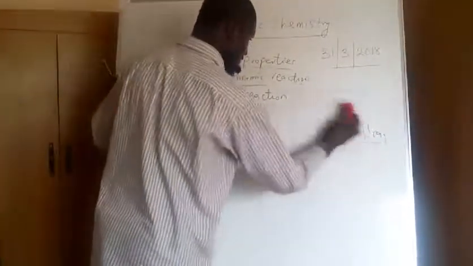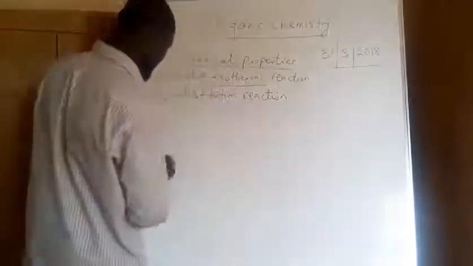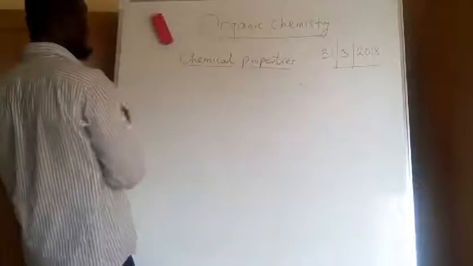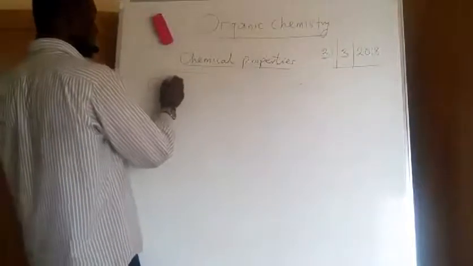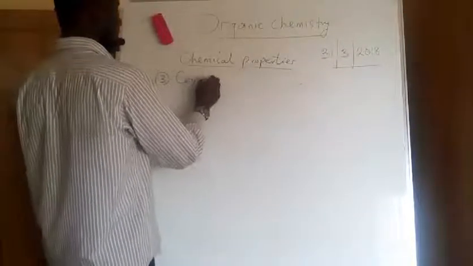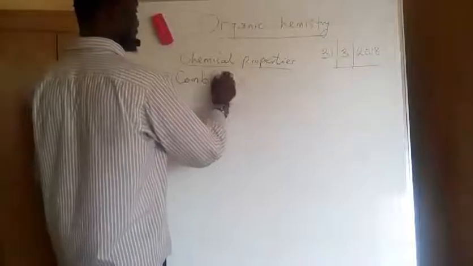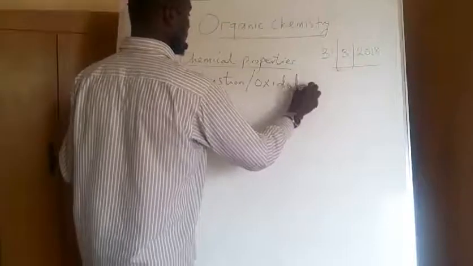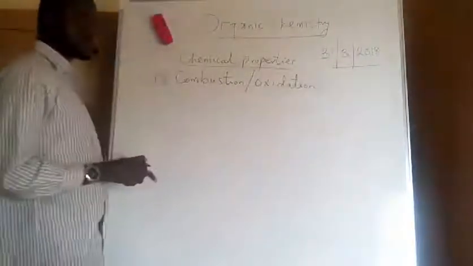Now another chemical property of alkane is what is called combustion. Number 3, alkanes undergo combustion, or you call it oxidation. So alkanes undergo combustion or oxidation.